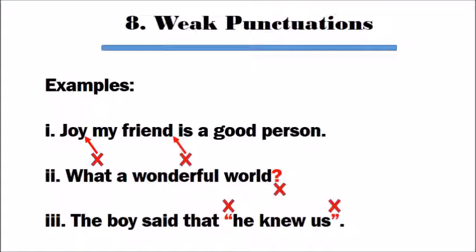The third one says, "The boy said that he knew us." By the sentence pattern, indirect speech, reported speech is used. "Boy said that", then there is no need for quotation marks again. If at all the writer in this instance wanted to use the quotation marks, then the sentence should have changed.